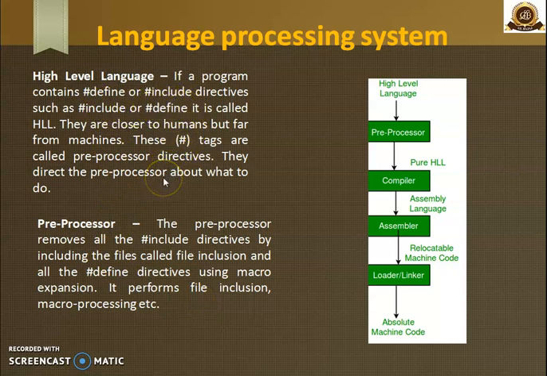So removing the hash include by including the file, that is also called as file inclusion. So basically the meaning of file inclusion is like you want to include the file, the preprocessor is going to substitute the entire file in your source program.